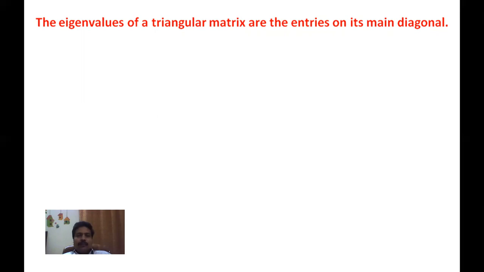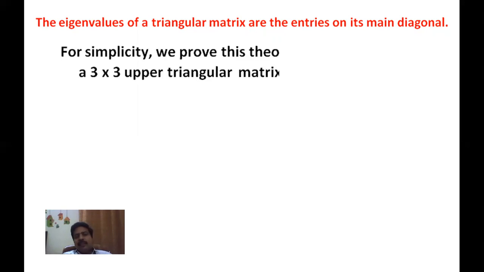So after proving this statement, it is very simple and easy to identify the eigenvalues of a triangular matrix. Eigenvalues are nothing but the entries on its main diagonal when the matrix is triangular.